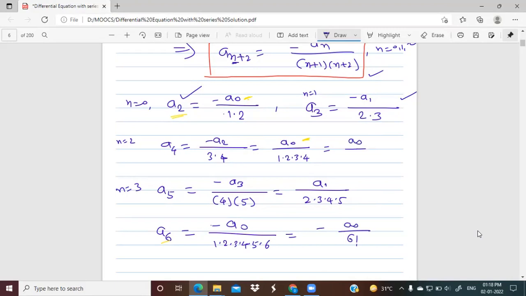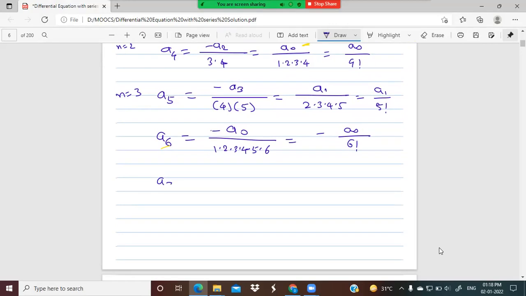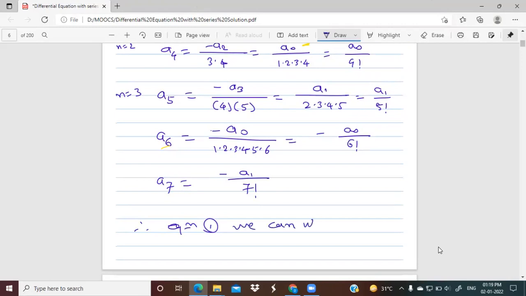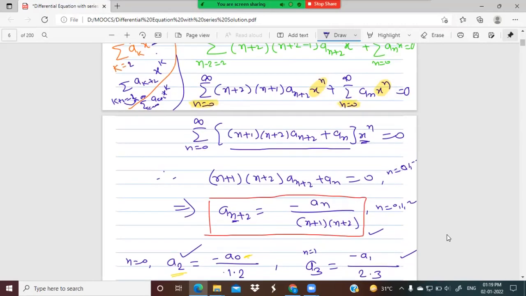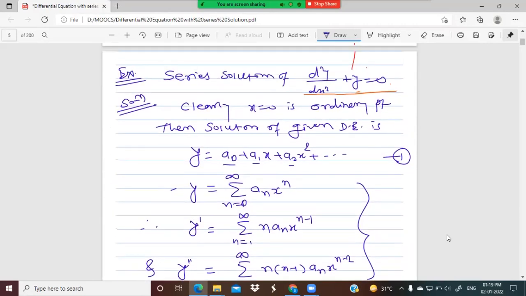We'll write a4 as a0 divided by 4 factorial, a5 as a1 divided by 5 factorial, and a7 is equal to minus a1 divided by 7 factorial. In general, we are getting these values depending on even or odd. Therefore, equation 1 can be written by calculating all these values, and this is our final solution.